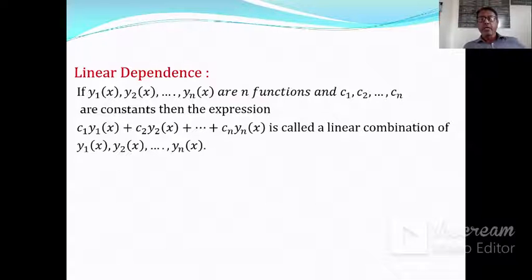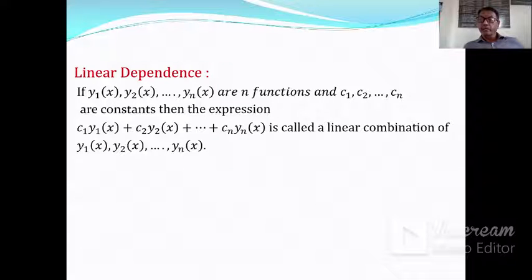Now, we see again here: if y1 of x, y2 of x, ..., yn of x are n functions, and C1, C2, ..., Cn are n arbitrary constants, then the expression C1 y1 of x plus C2 y2 of x plus ... Cn yn of x is called the linear combination of y1 of x, y2 of x, ..., yn of x. Here we use the word expression.